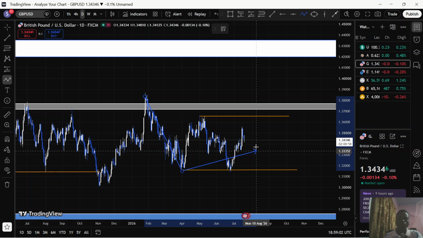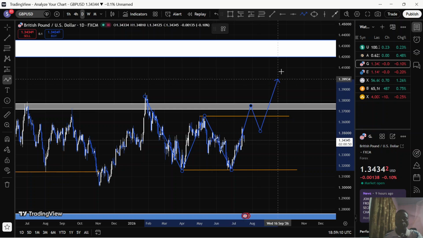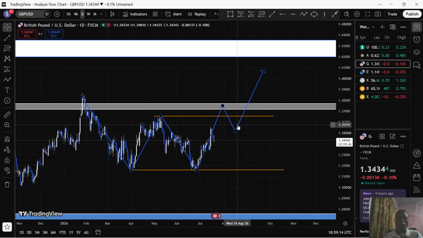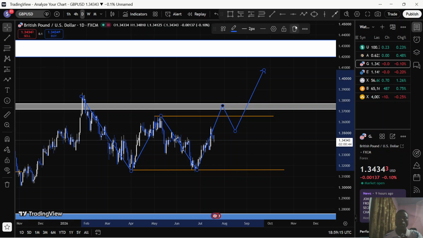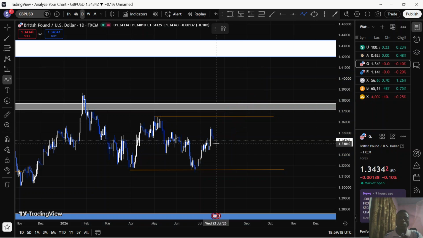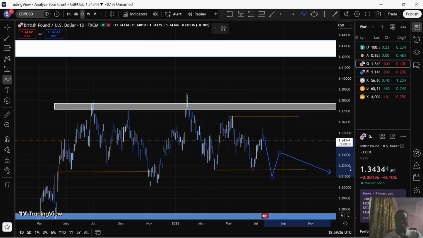Either price takes out this high and then forms something like this to the upside. That's what I'll be waiting for on GBP USD. Or price should come back down here, take out this low, pull back, and then go all the way down to our wiggly zone, this zone here.